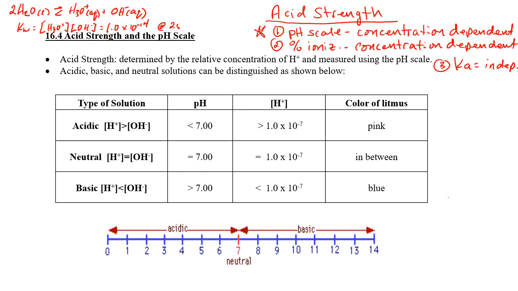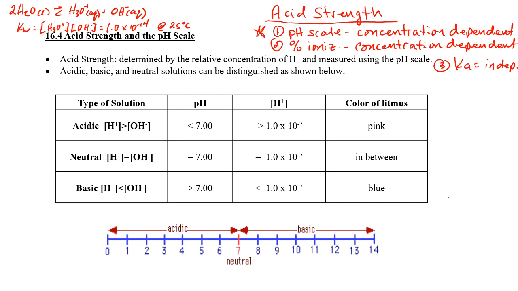This is at 25 degrees Celsius. So that means the hydronium and hydroxide are both equal to 1.0 times 10 to the negative 7th molar at 25 degrees Celsius for a sample of pure water, right? They're the same in a sample of pure water, and if the product is 1 times 10 to the negative 14th, then they have to be equal.